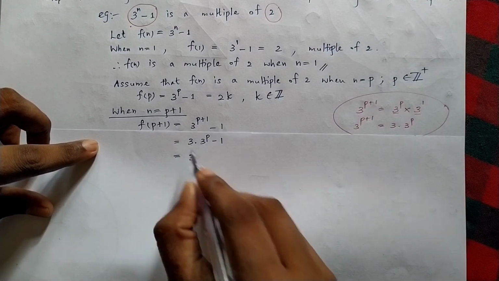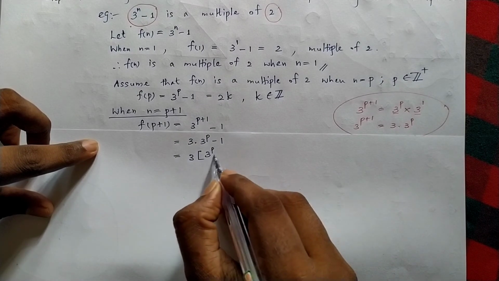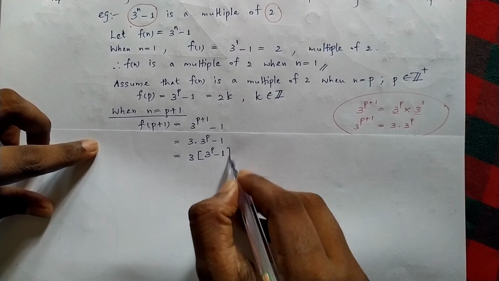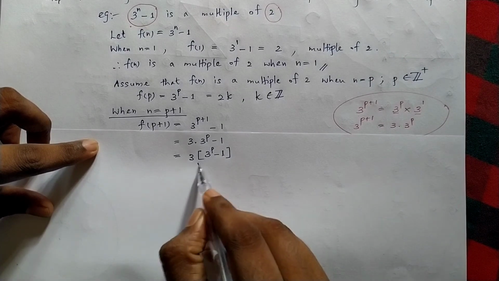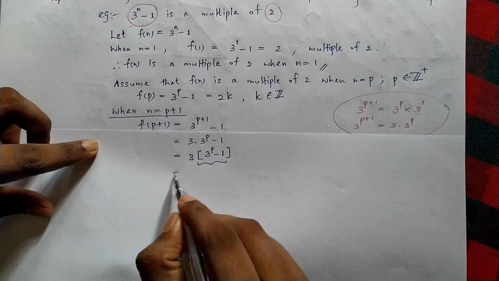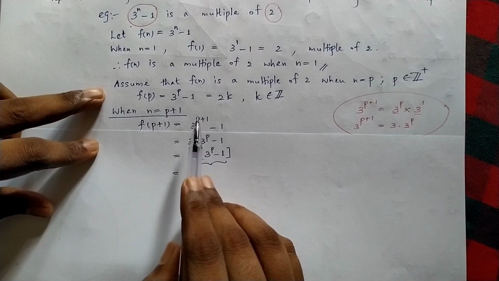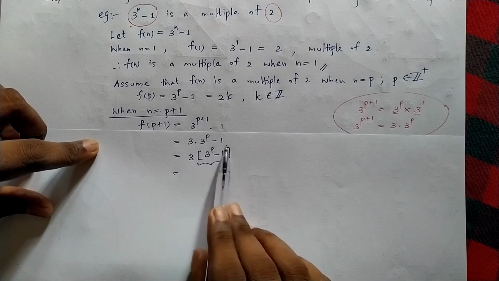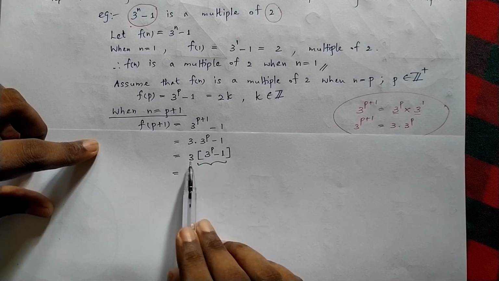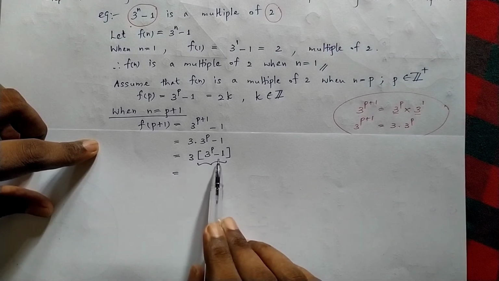Then take this 3 out, because I have to take 3 to the power p minus 1 into a bracket, because for this bracket I can substitute 2k from our earlier assumption. But when we take 3 out from these two terms, we get minus 3.